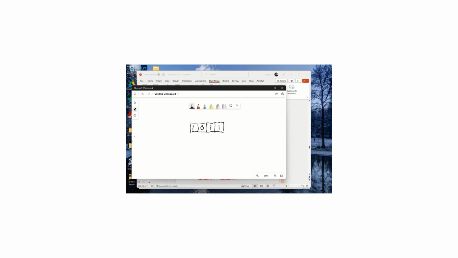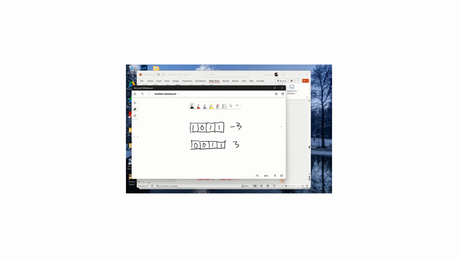That's one way to do negative 3, but there's a problem with this. If you do it this way, the positive 3 would be 0, 0, 1, 1. Let's say this is negative 3, this is positive 3. If you add these two numbers together, it should be 0.